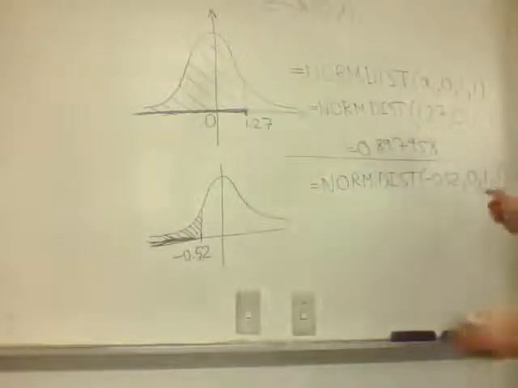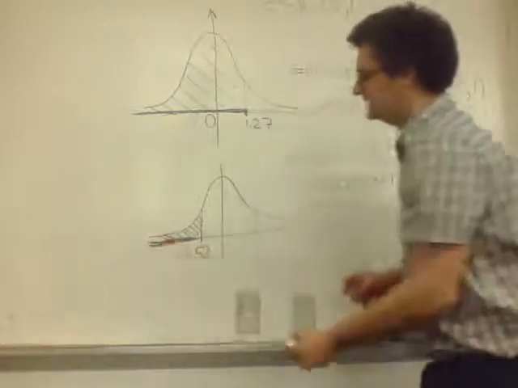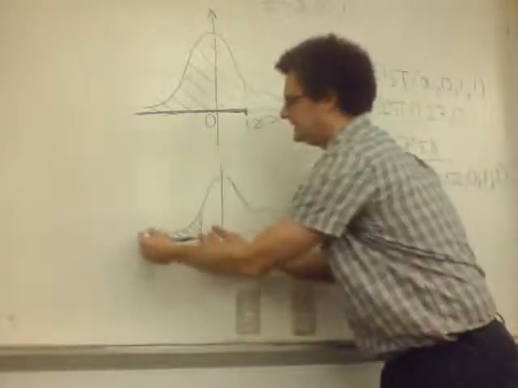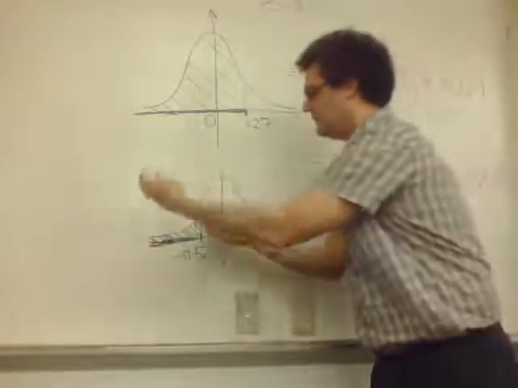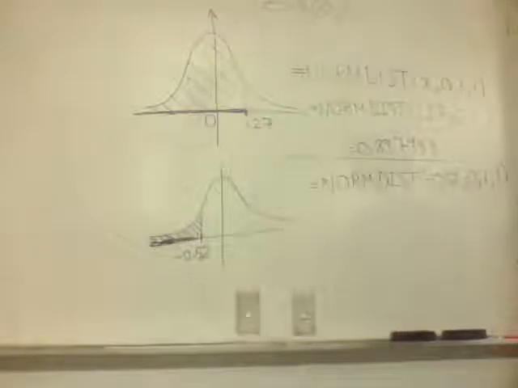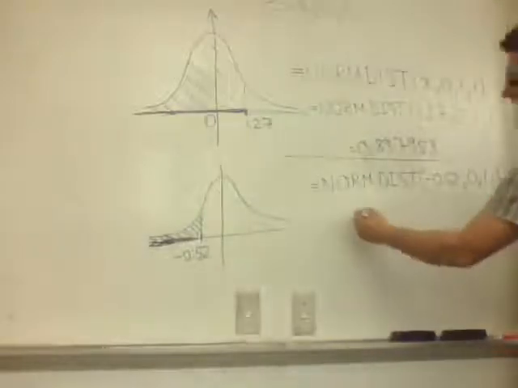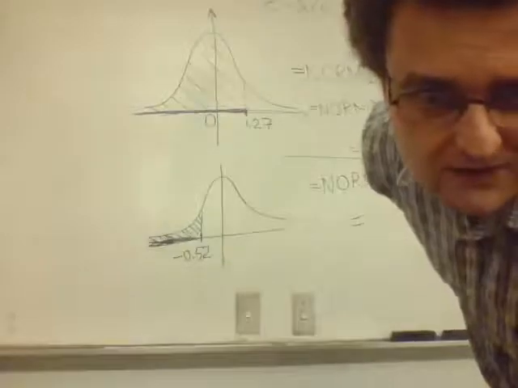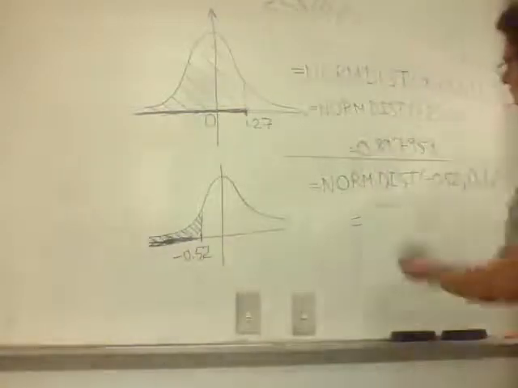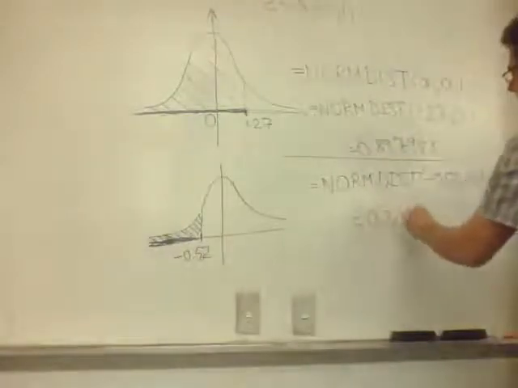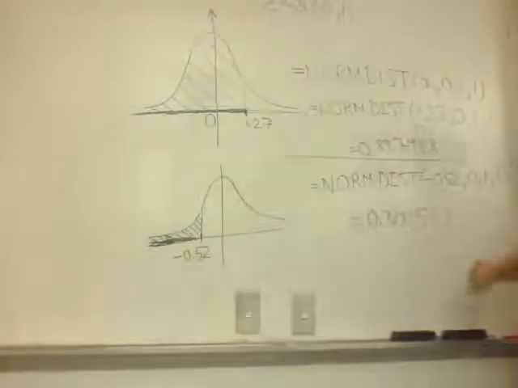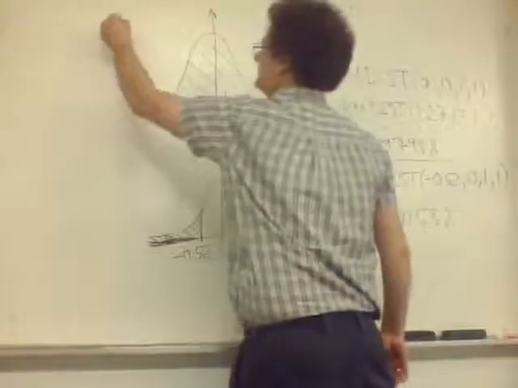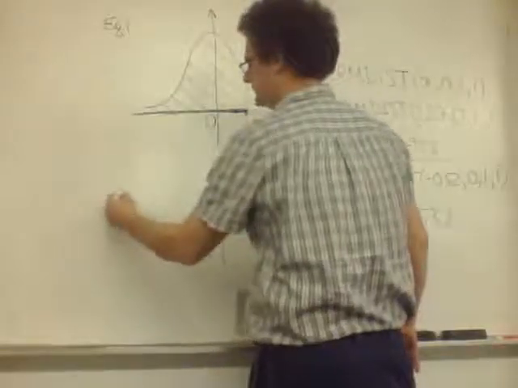We want the cumulative probability, so that means the probability of taking a value up to negative 0.52, right? And Excel gives you the number 0.301532. Okay? So that was example 1, example 2.